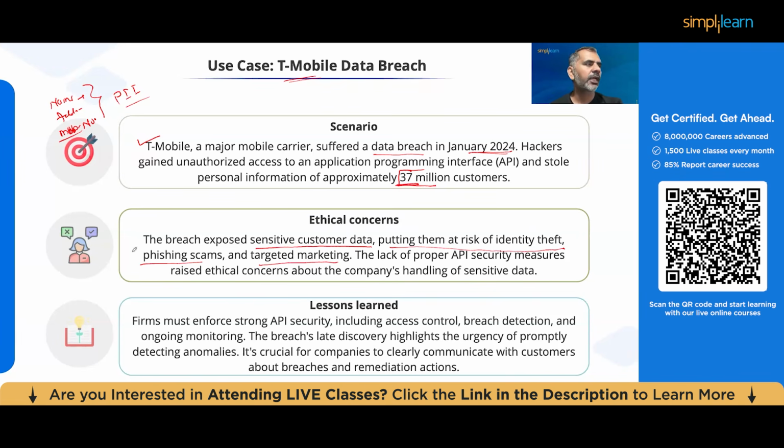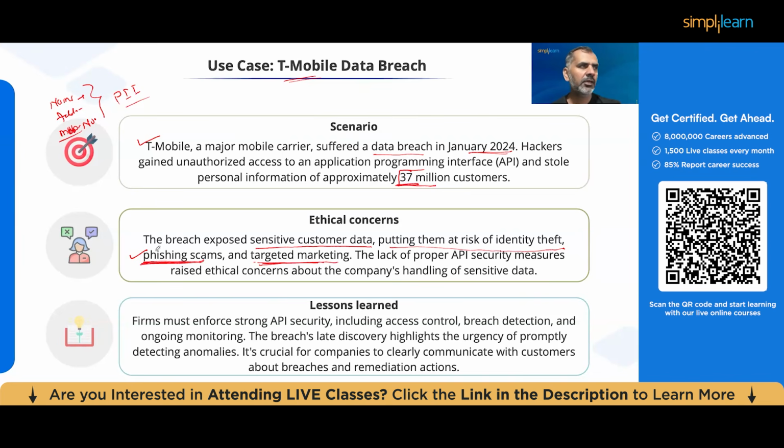Like it can be used for a phishing scam. This is very common in India. A lot of people call you, they try to give you a lot of offers or sometimes threats as well. And then they ask you to share your account or CVV numbers, etc. So that can be used in a phishing scam. This can be used for targeted marketing also.